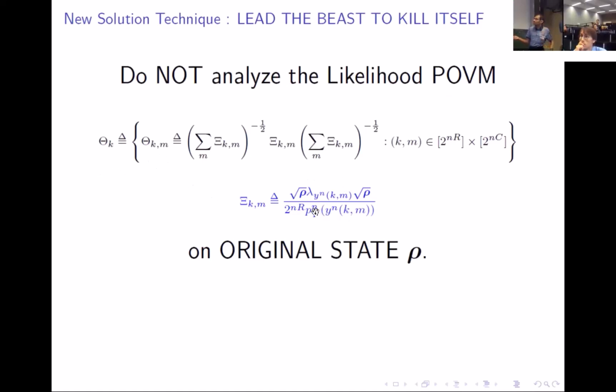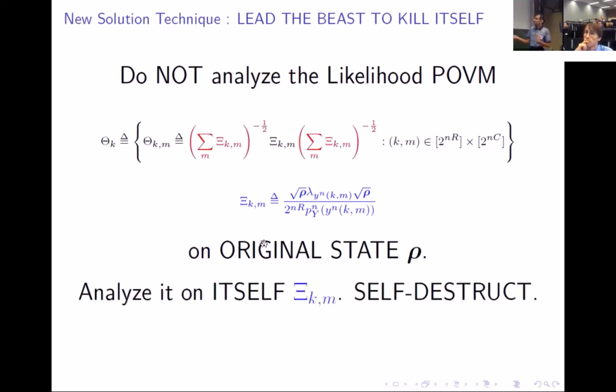So if you appeal to that, then instead of operating on the original state rho, if you operate on this state itself, you can show that the normalization terms get killed, and you can analyze the entire thing very simply. You don't have to do any work, and in some sense it self-destructs.